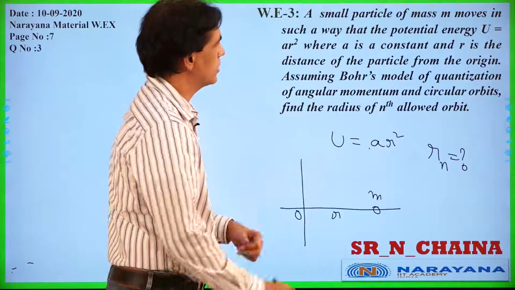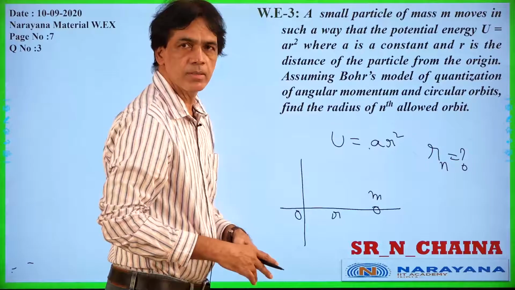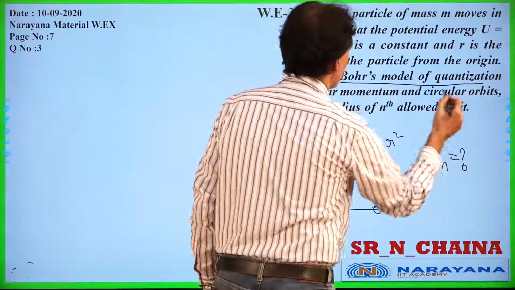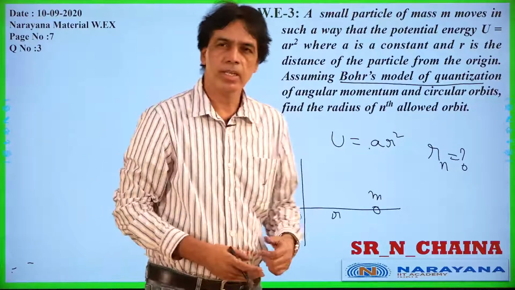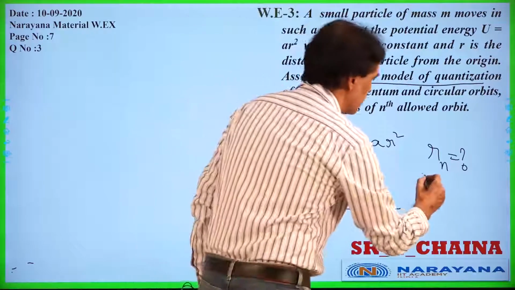From potential energy, you need to find out the radius of the orbit in which it revolves. And here it is given that Bohr's model of quantization is valid. Bohr's model of quantization means angular momentum quantization. So what is angular momentum quantization? L equal to n h by 2 pi. You know this, right?